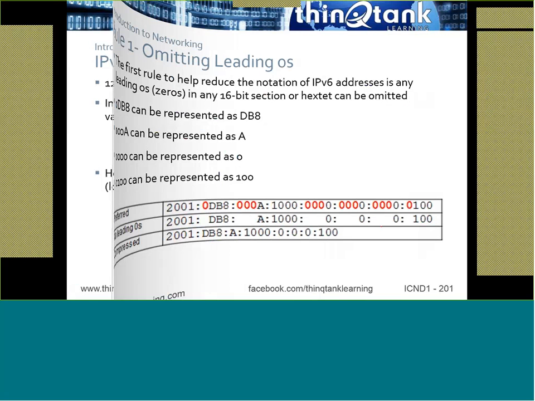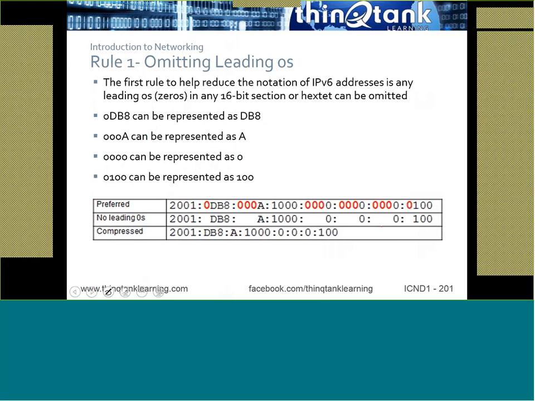Now, there is a way to write out IPv6 addresses in a shorter format. There are 2 steps to doing this. The first step in shortening up an address is that leading zeros within a hextet don't have to be written down.